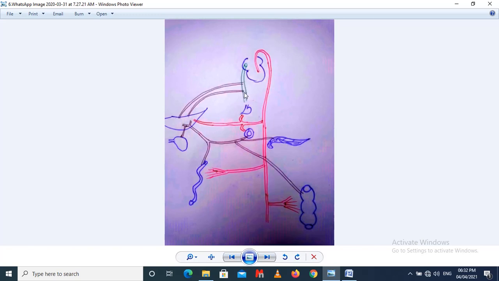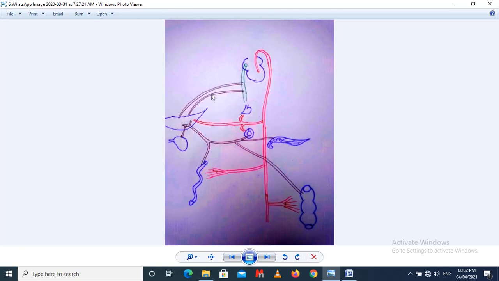The inferior vena cava is responsible for the supply of deoxygenated blood to the right atrium of the heart. So the two hepatic veins supply deoxygenated blood from the liver to the inferior vena cava, and from the inferior vena cava to the right atrium of the heart.